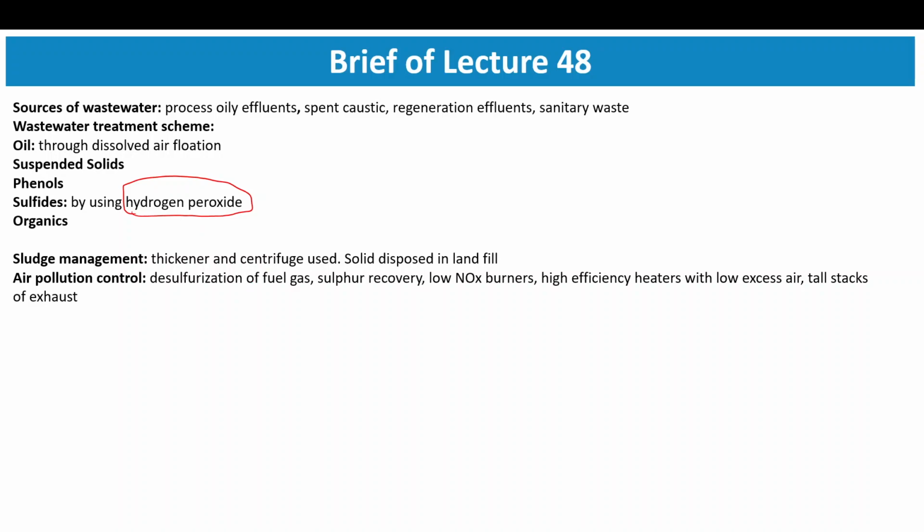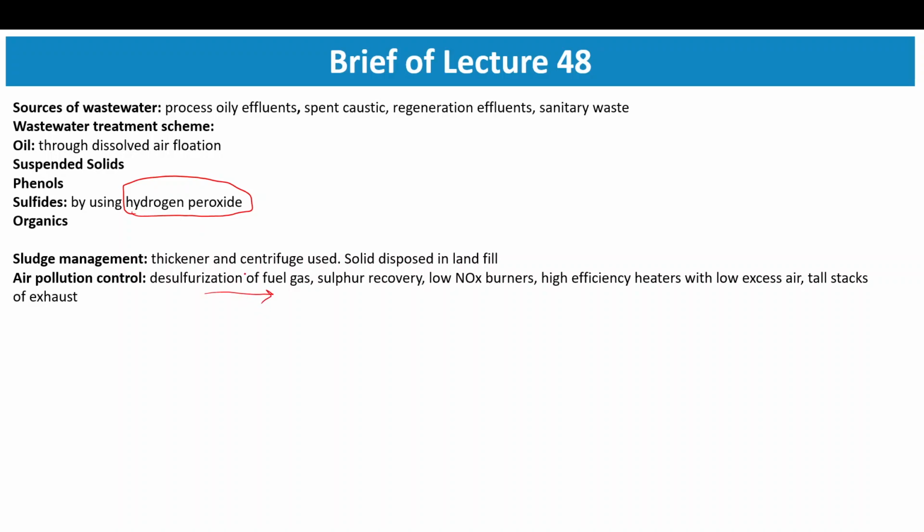So now, coming to sludge management, the sludge is usually obtained from thickeners and centrifuges. And since this is not biocompatible, you usually send it to landfill sites. Now, as I mentioned, sulfur is a major pollutant here. So the air pollution control strategy requires desulfurization of fuel gas.